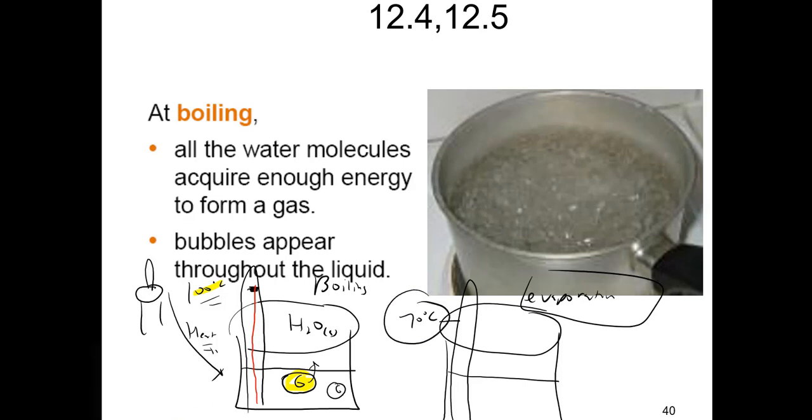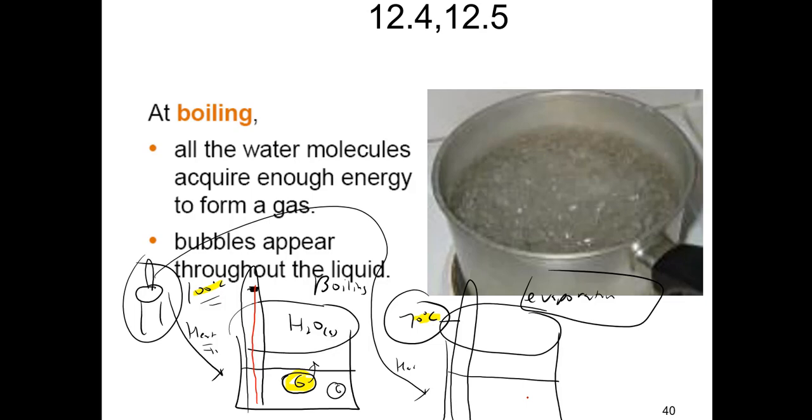Evaporation is when you're below the boiling point. And it turns out there is energy, so here's my Bunsen burner. There's energy or heat that's going in, only it's below 70 degrees Celsius.